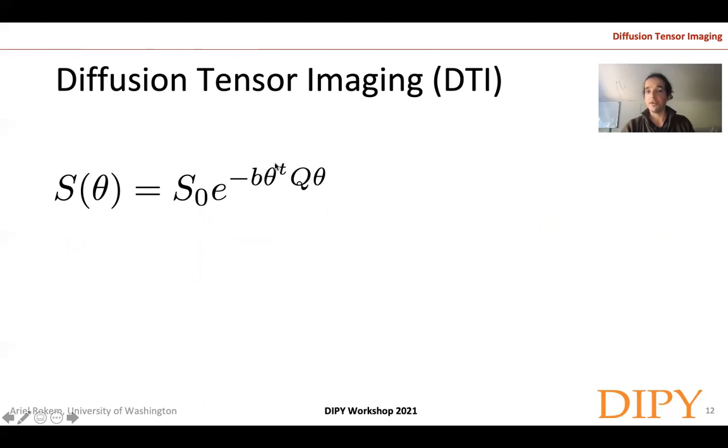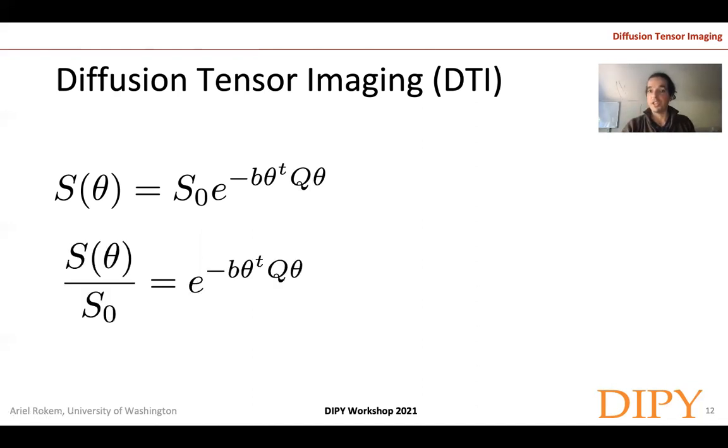In this case, the b vector is theta. So now the measurement is dependent on a direction theta and not only on the diffusivity. And so this is the projection of the diffusivity of the tensor onto the vector theta. Here it is rewritten by moving the B0 measurement, the non-diffusion weighted measurement, down here. So we get a ratio, and this is the full equation.